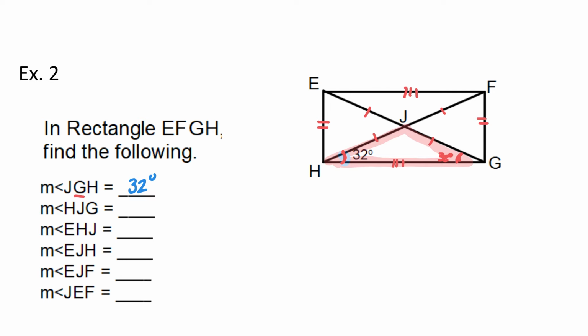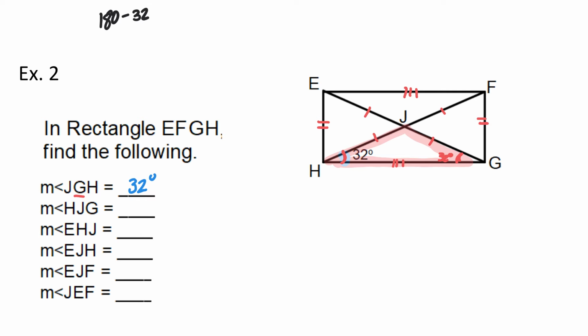So as we think about that, we have the two base angles of our triangle here equal to 32. And then we have a third side, our third angle, excuse me. And remember this, the sum of interior angles of a triangle is 180 degrees. So we have 180 degrees inside of this red triangle that I still have marked.